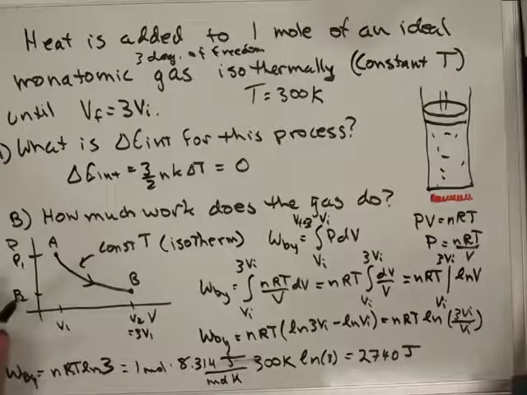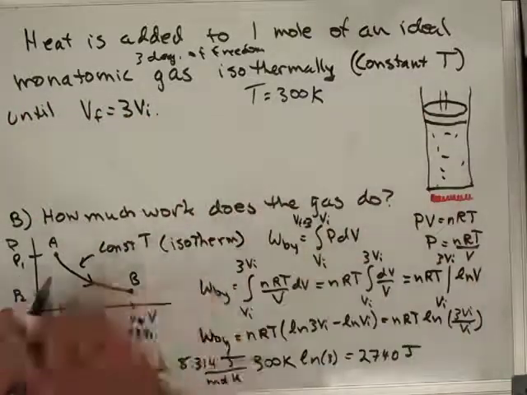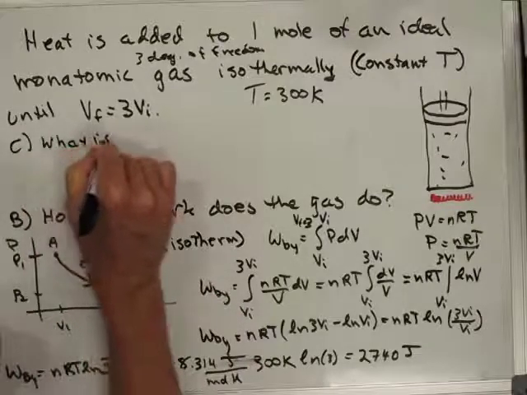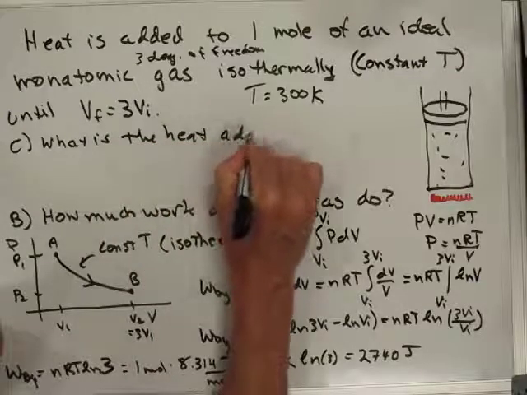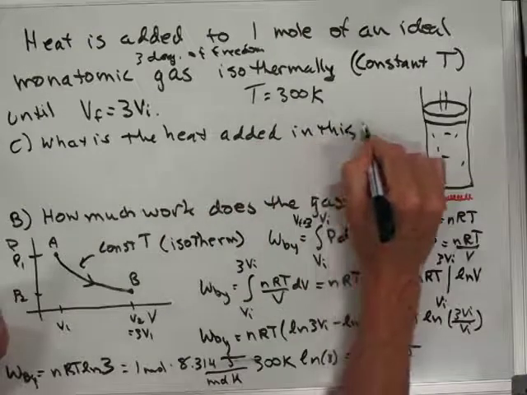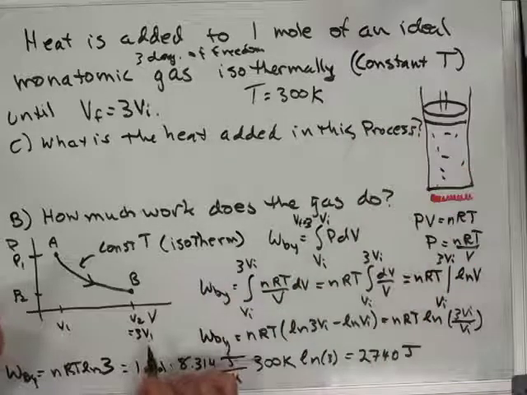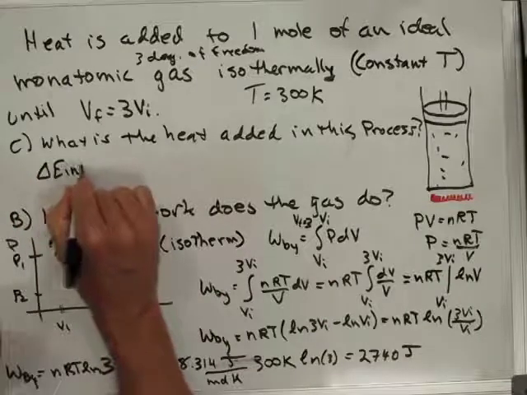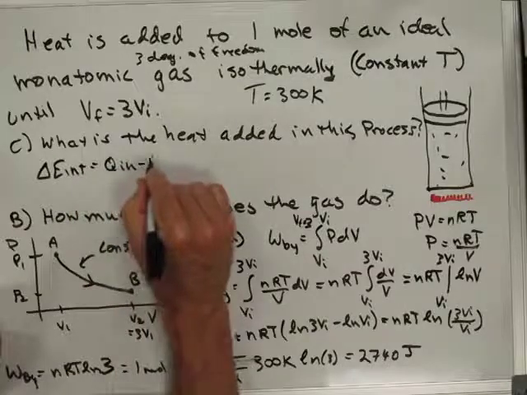And so I'm going to come up here and answer the last question, question C. So what's the heat added in this process? Well, the change in internal energy is equal to Q in minus the work by.